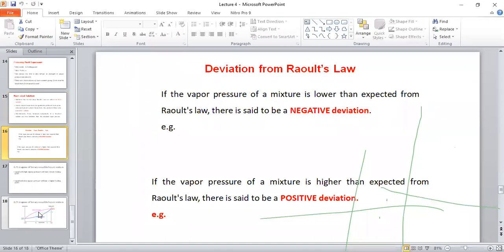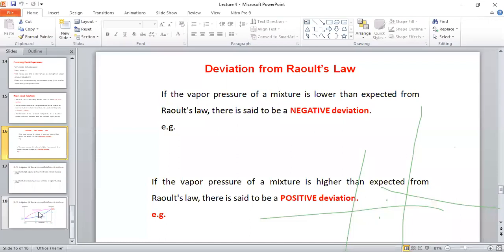If the vapor pressure of a mixture is lower than expected from Raoult's law, this is said to be a negative deviation. On the other hand, if it is higher than what we expect from Raoult's law, then we have a positive deviation from Raoult's law.